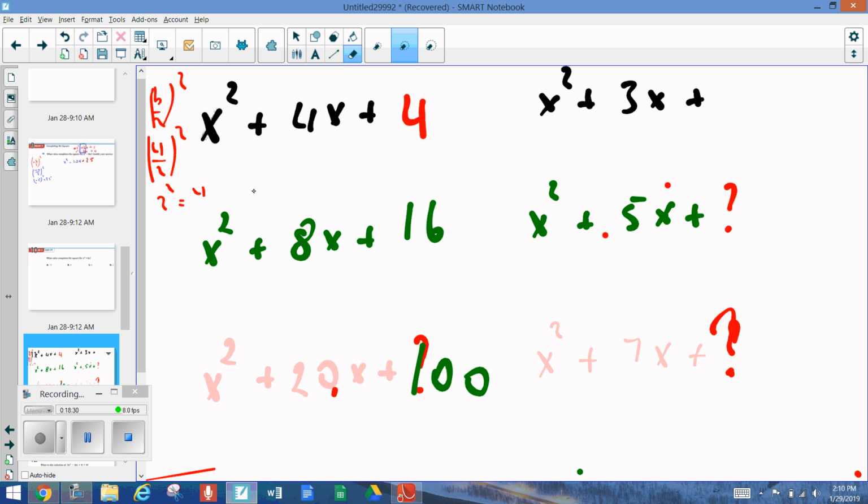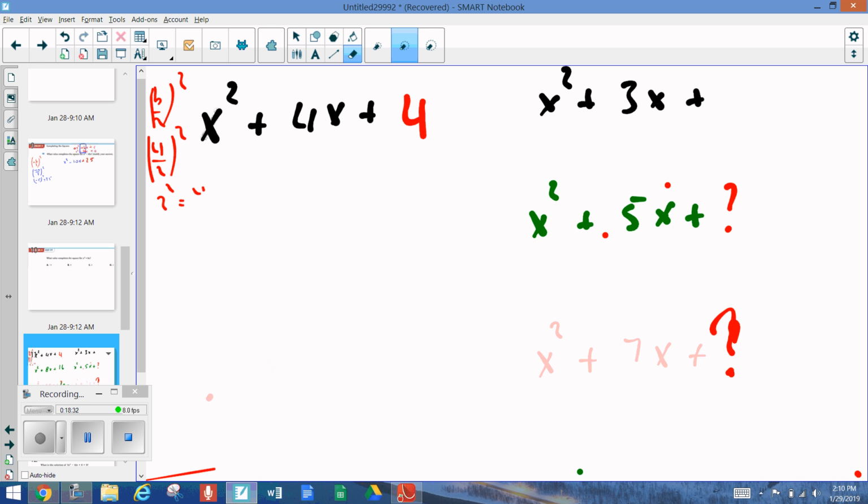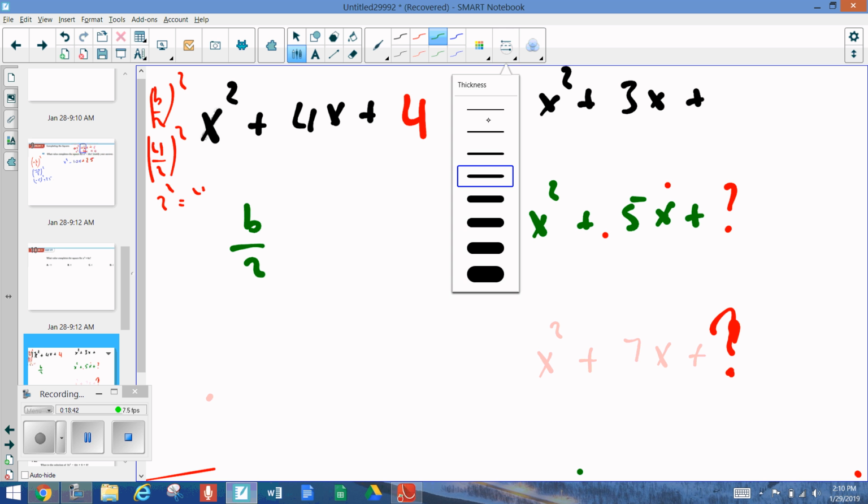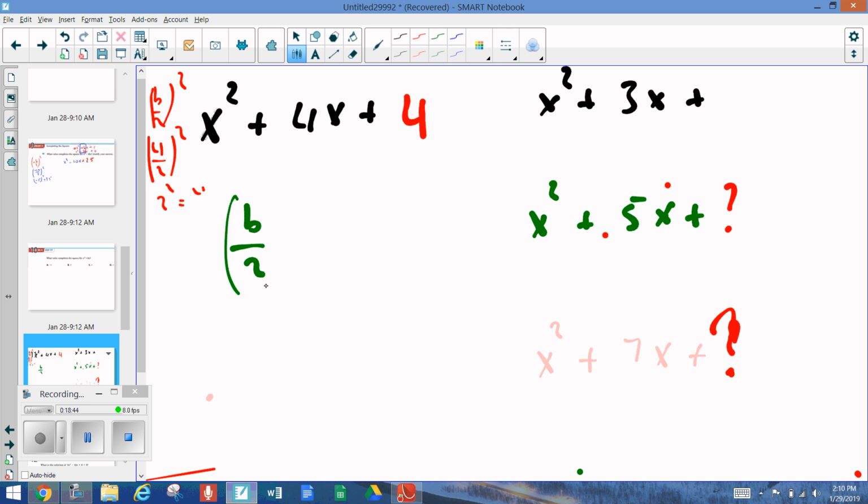Okay, let me clean this portion real quick. So you're doing this one. What was the formula? Let me help you on the first one. So what is b here? 3. 3 over 2 squared, right?